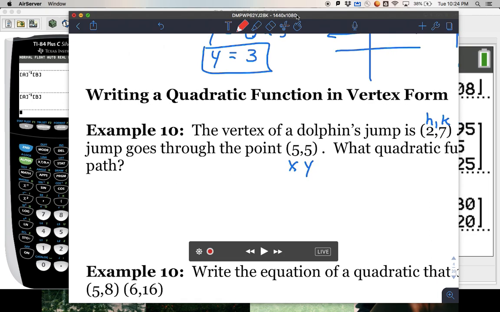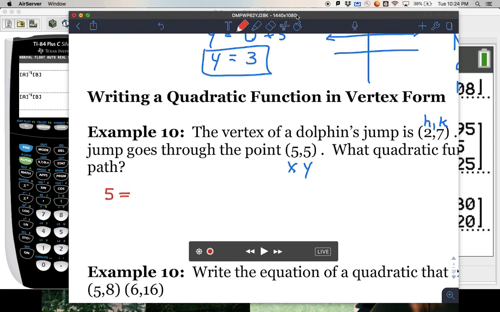So let's start putting it all together. Let's say the y value is 5. Actually, let's write the function right above it, just so you see exactly where everything came from. So a, we don't know what that is. X was also 5, happened to be the same.